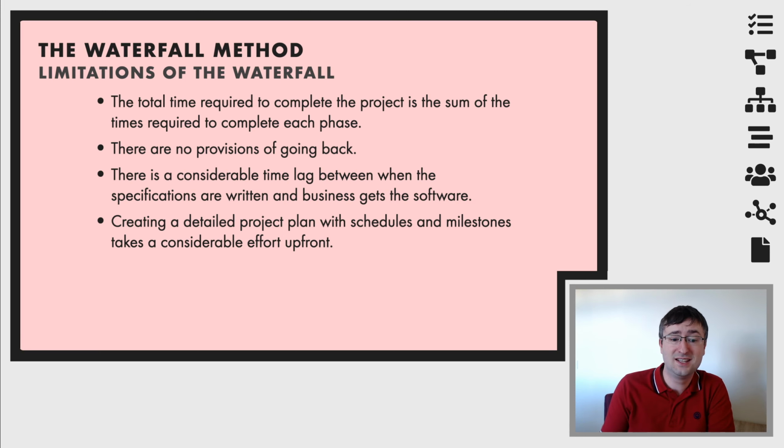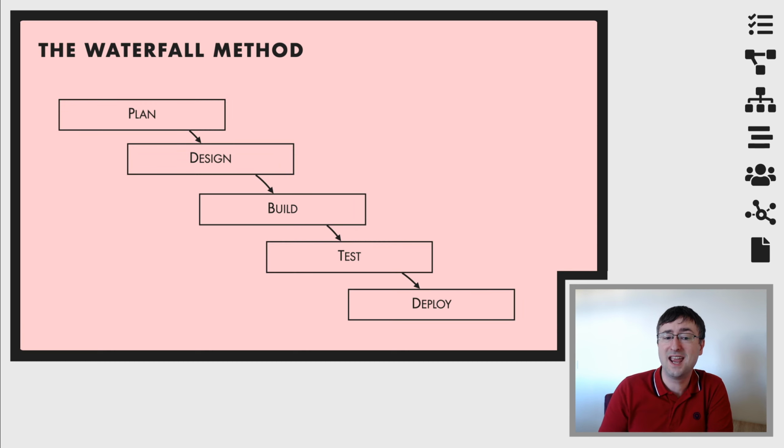And if you actually get to this stage of, well, we've got this bit of software made and the user doesn't like it, you then need to go back to this first stage again. So it can take a lot of time to get a very good working bit of software. And one thing that you might notice with this is that the test phase is actually quite far down the list.